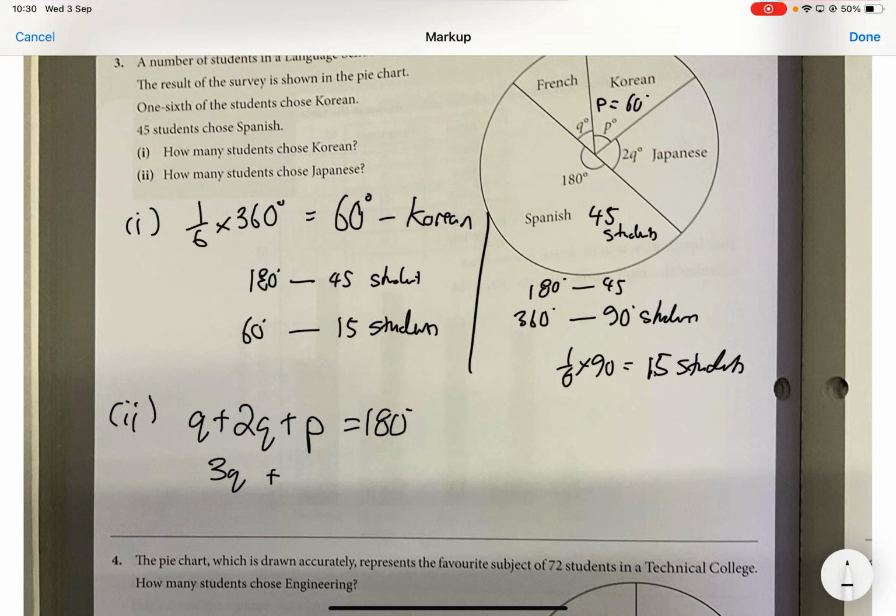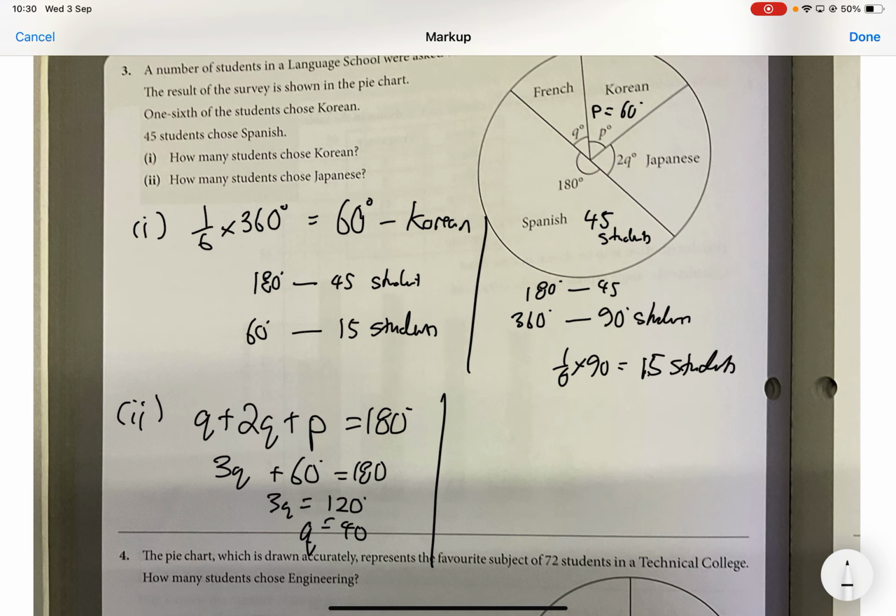P we have found. P represents Korean. Korean is 60 degrees. So 3Q plus 60 equals 180. 3Q equals 120 after minus 60 on both sides. Each Q is 40. 2Q, Japanese, is represented by 80 degrees.